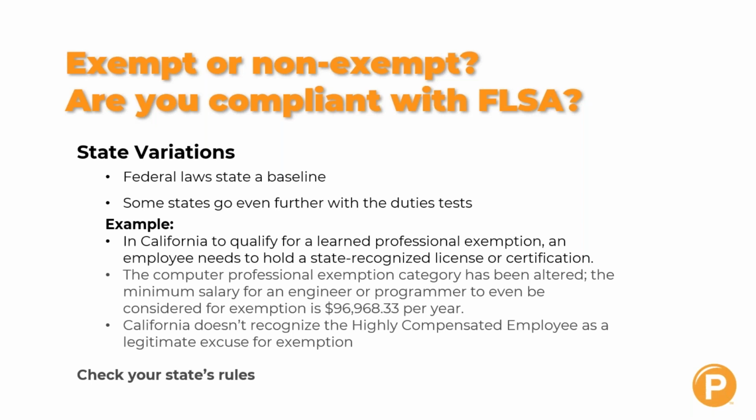In California, the computer professional exemption category has been altered, and the minimum salary for an engineer or a programmer to even be considered for an exemption is $96,968.33 per year.